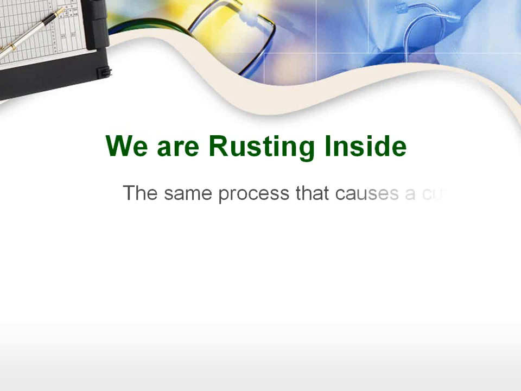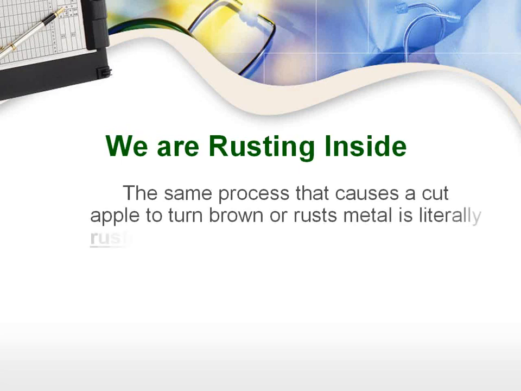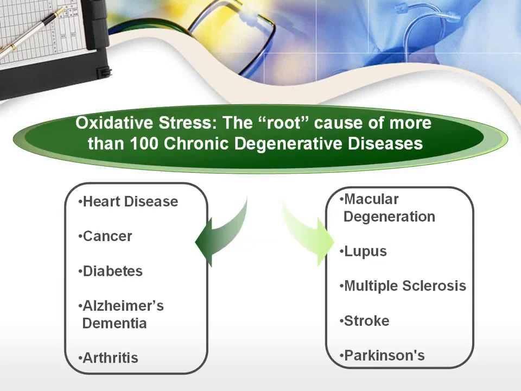The same process that causes a cut apple to turn brown or metal to rust is literally rusting you and I inside. There's a war going on that's being waged within every cell of our body. We call this process oxidative stress.